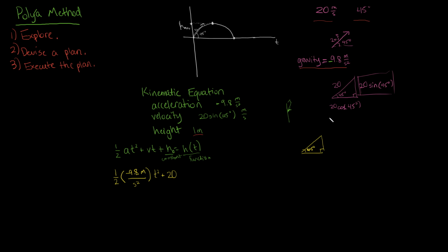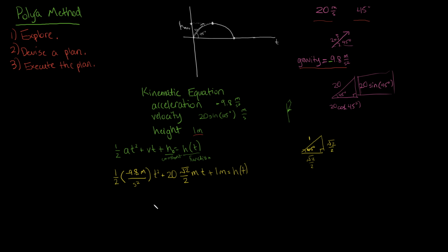The cosine of 45 degrees is root 2 over 2, and so is the sine of 45 degrees. So this is 20 times square root of 2 divided by 2 meters times t, plus 1 meter, equals the height at any time t.